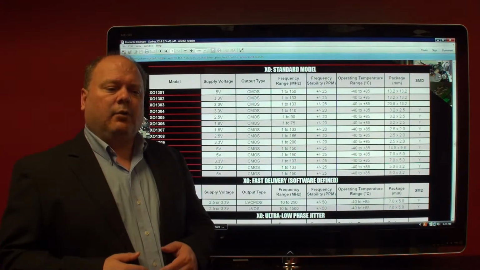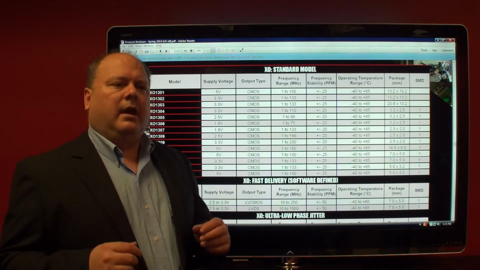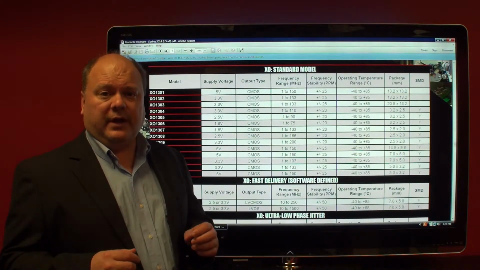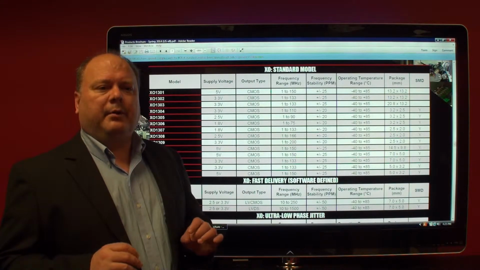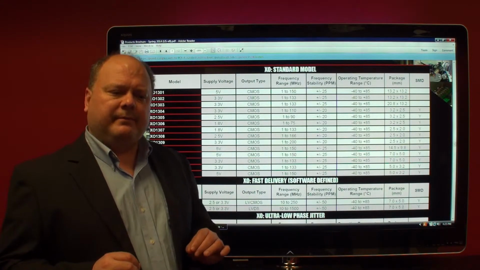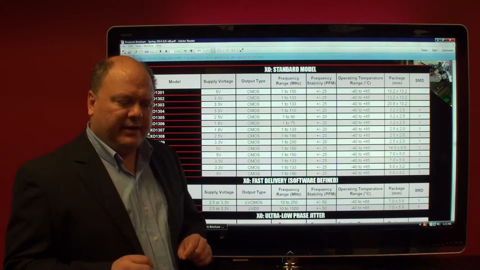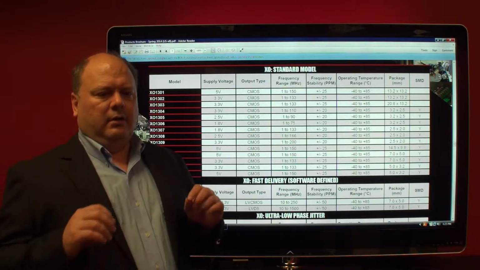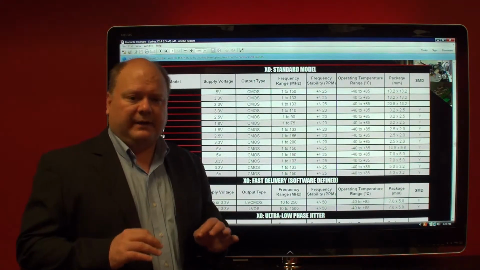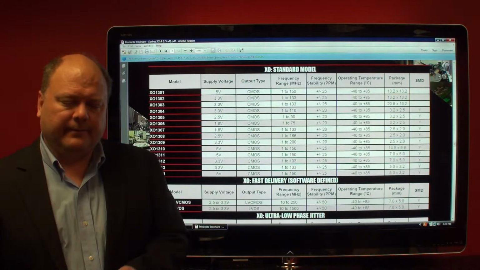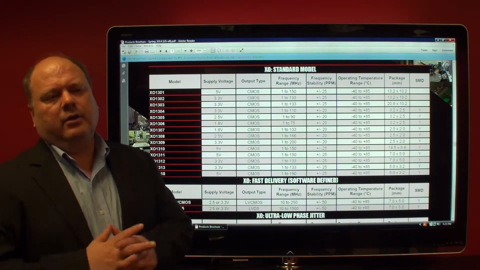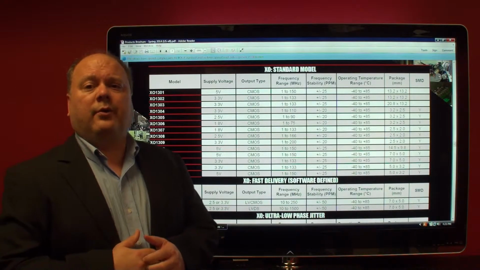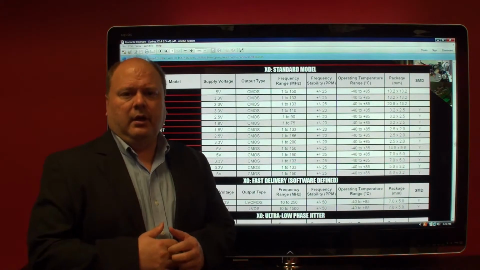So we have clock oscillators. We can work with the customer with them. There's not a problem with that. But I think what will happen is that with clock oscillators and VCXOs, which are clock oscillators that also have a voltage control function, the commodity type parts, we will tend to win orders for the niche versions of those.